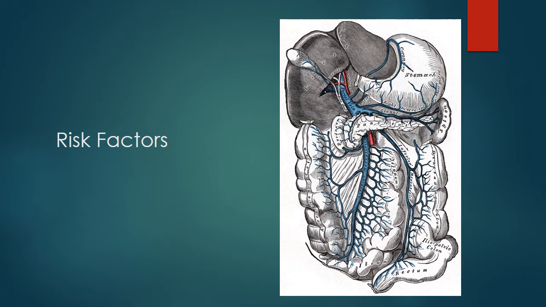Now, no single condition in and of itself leads to mesenteric vein thrombosis, as Virchow's triad points out. There are a variety of risk factors for the development of venous clotting that include both inherited and acquired conditions.